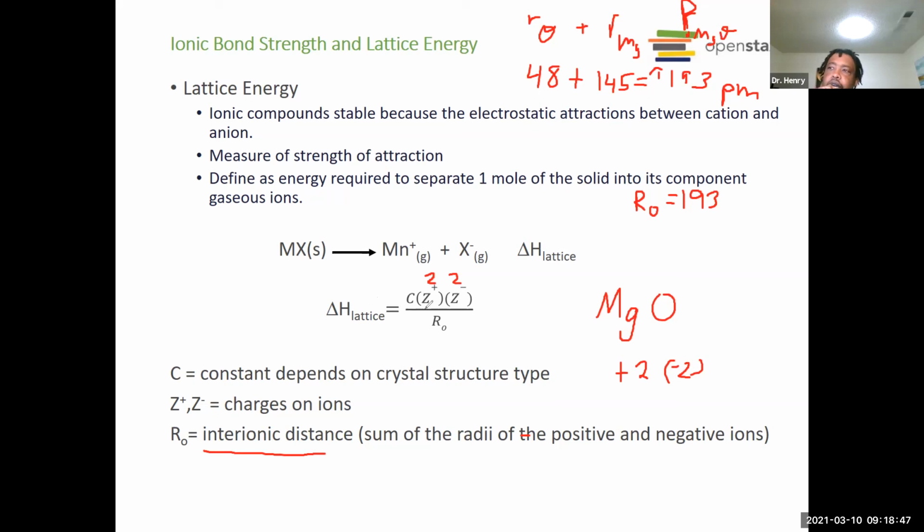Okay, so then you're going to end up with your delta H being whatever the C value is, depending on that lattice, 4C divided by 193 equals.